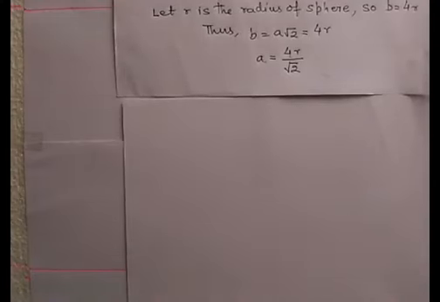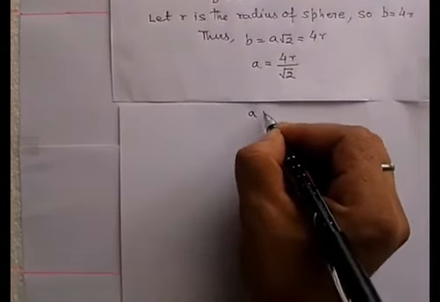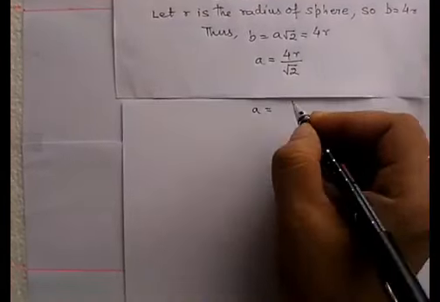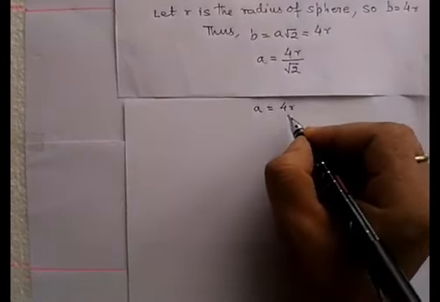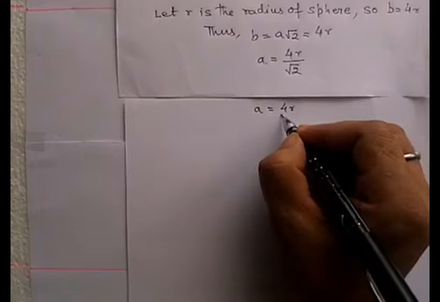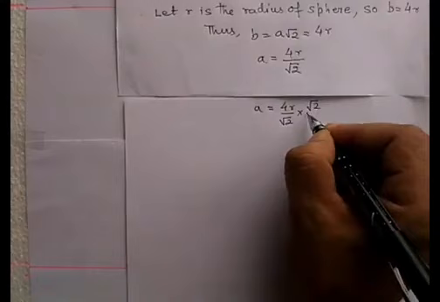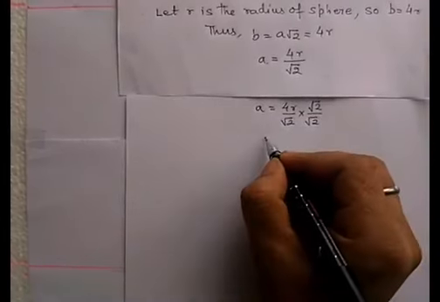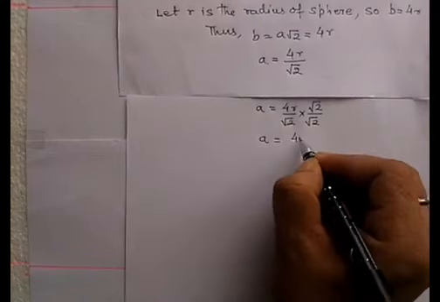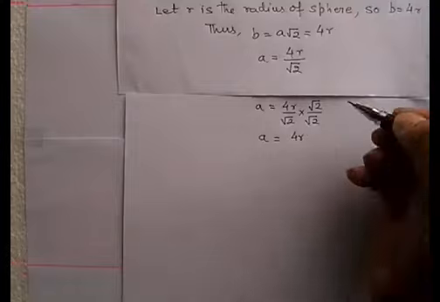So let's proceed further. Now this can be written as a is equal to 4r by root 2 multiplied by root 2 to get a is equal to 4r. Root 2 by root 2 is equal to 1.